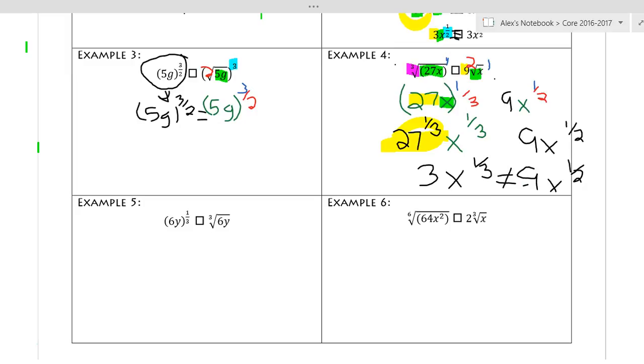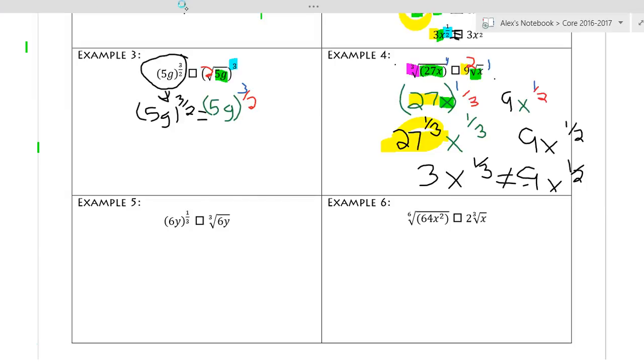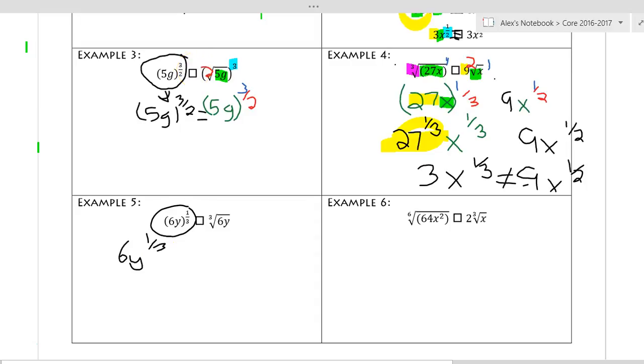Alright, looking at example 5, I have 6y to the 1/3 and the cube root of 6y. The left side is already a rational exponent. I don't have to change it. I'm just going to bring it down. 6y to the 1/3. The right side, however, is a radical, so I do have to change it. So I have 6y as my base.